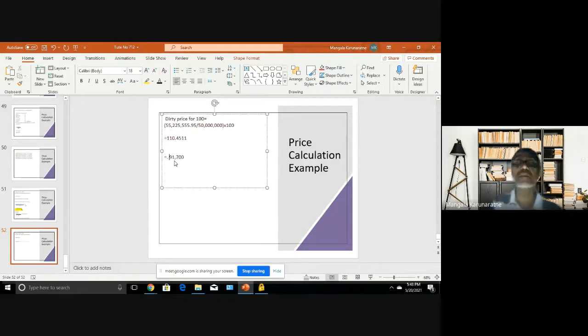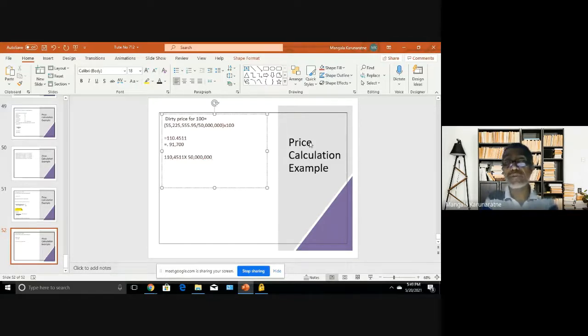So I will calculate the clean price. To calculate the clean price, I have to multiply this by 50 million, because I have calculated this accrued interest on 50 million face value, so I have to bring it back to 50 million.